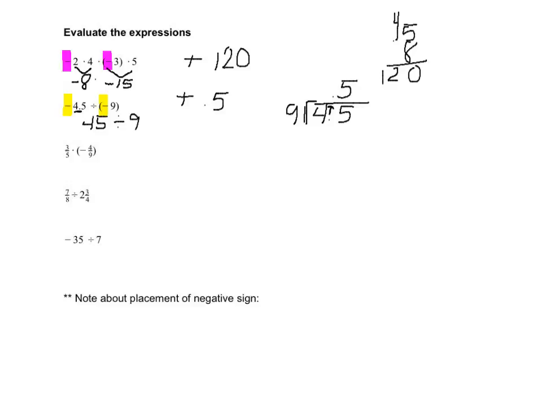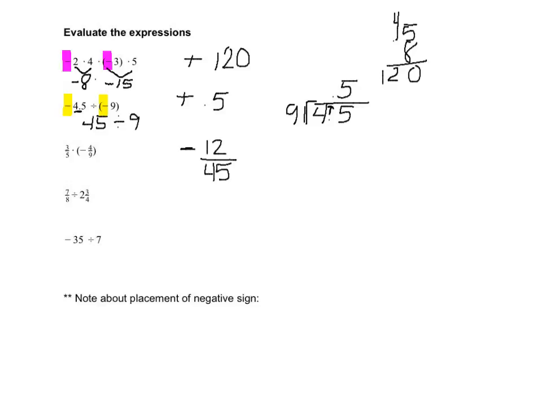Alright, next one, 3/5 times a negative 4/9. I see that I have one negative. That tells me that my answer is going to be negative. With multiplying fractions, we can just simply multiply across. So 3 times 4 is 12. 5 times 9 is 45.